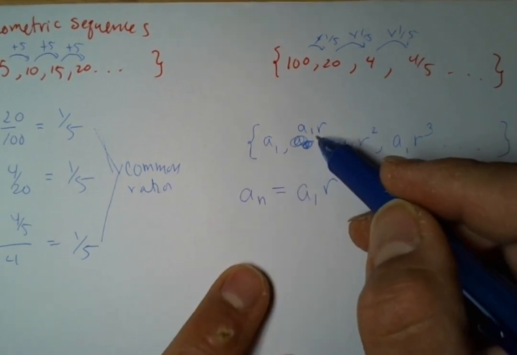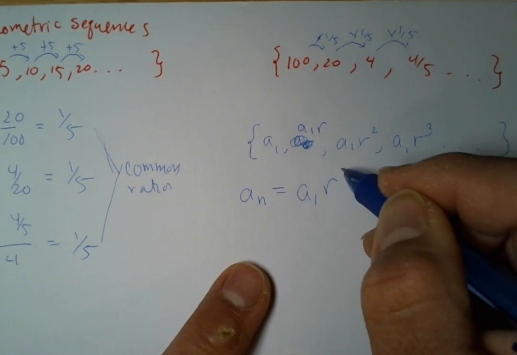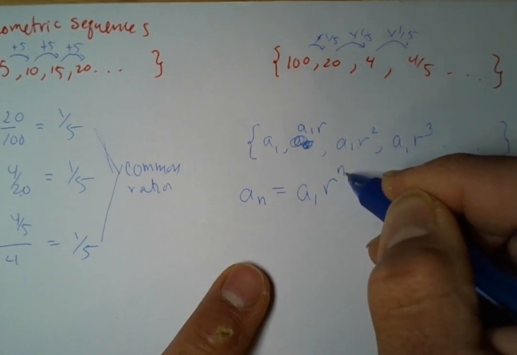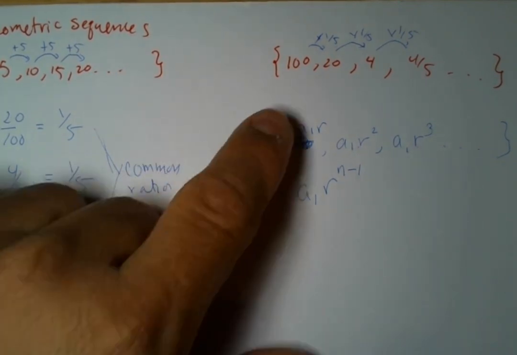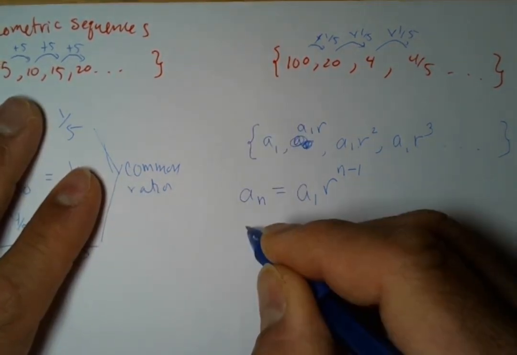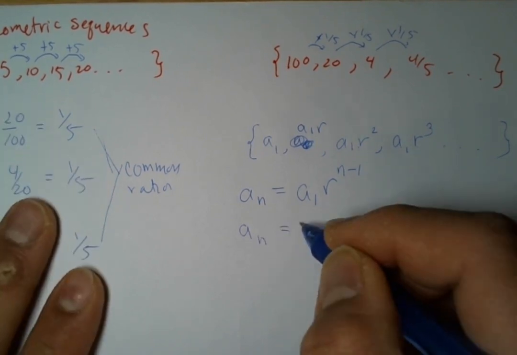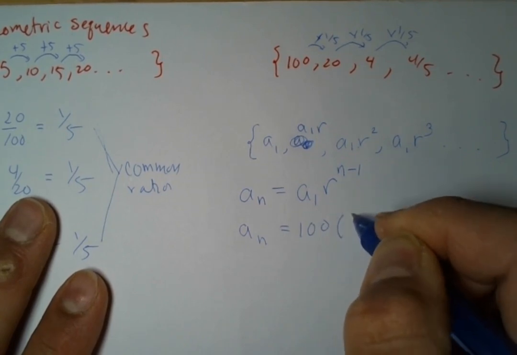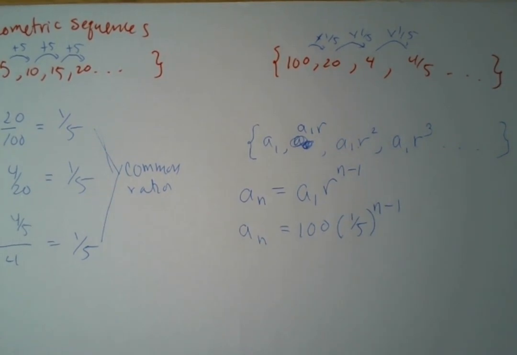This is term 2, term 3, term 4, and notice the exponents are always one less. So that is our explicit formula: A sub n is the first term times the common ratio to the n minus 1.